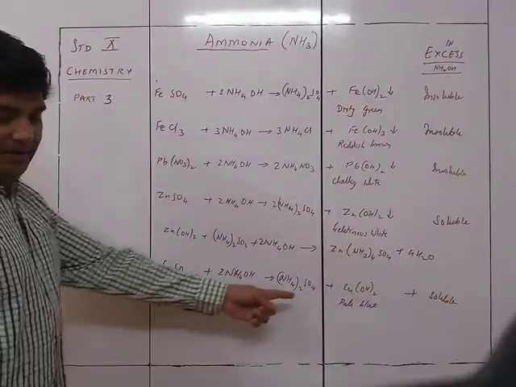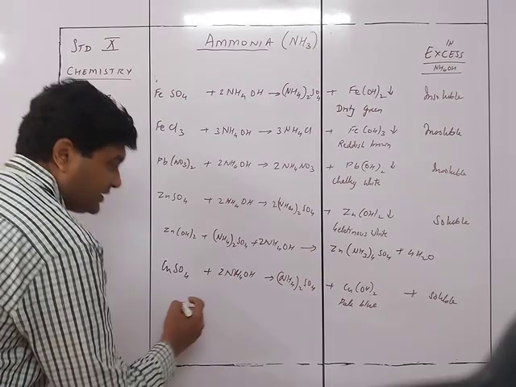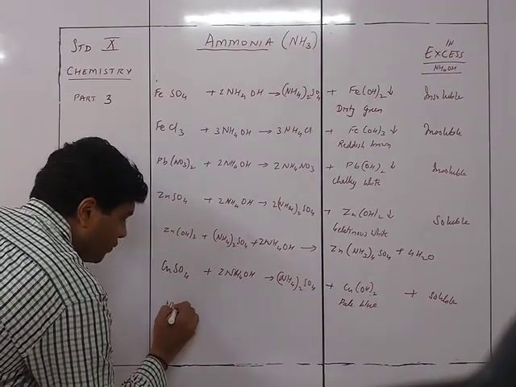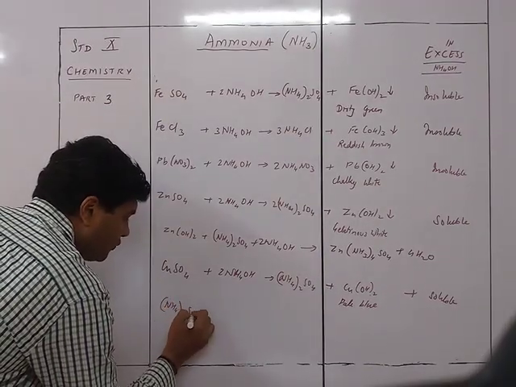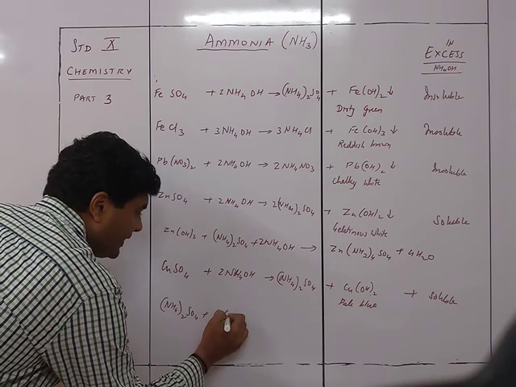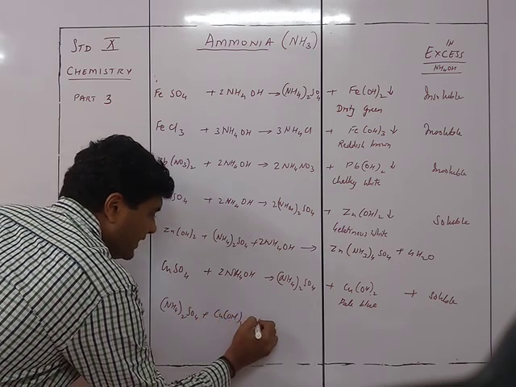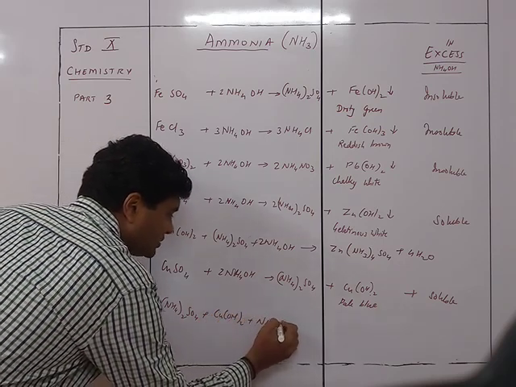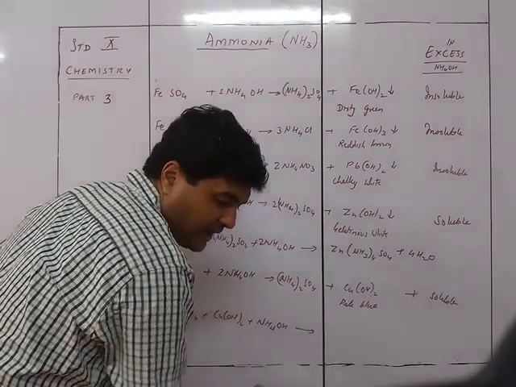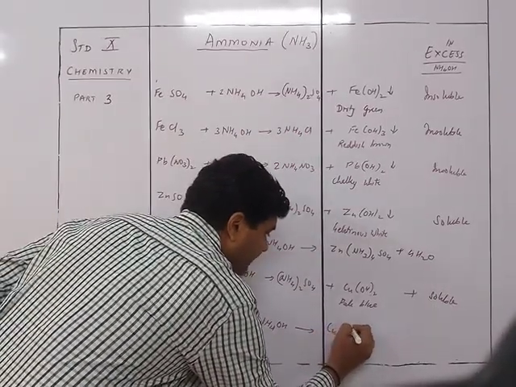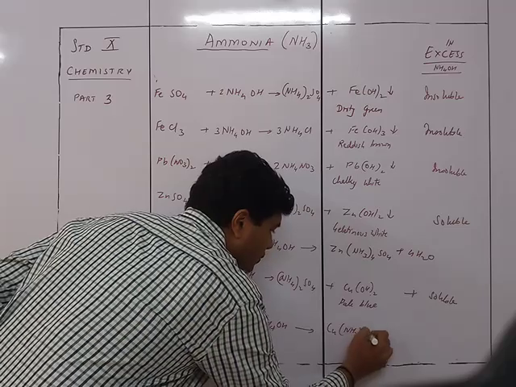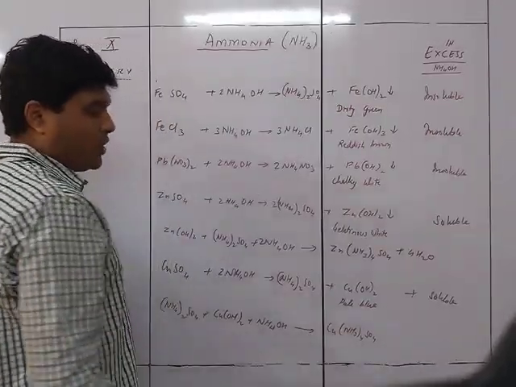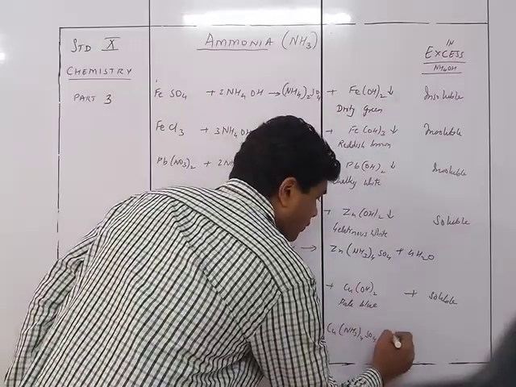And when I'm adding this to NH4OH, so when I take this over here, (NH4)2SO4 plus Cu(OH)2 plus NH4OH, I'm going to get over here as Cu(NH3)4SO4, that is tetraamine copper sulphate plus 4H2O.